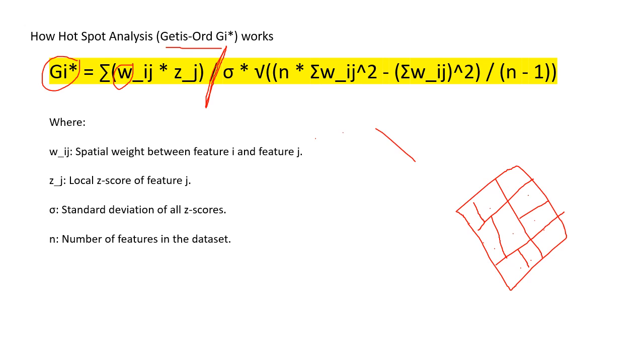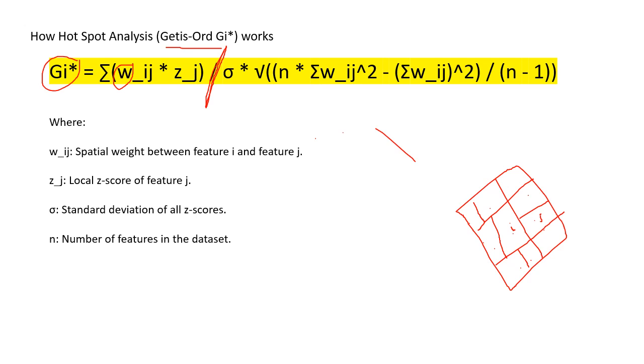So what is ij? This is i and that is j. Similarly, maybe ij, ij, ij. This is the weight between what? Two features i and j. Spatial weight between feature i and feature j.